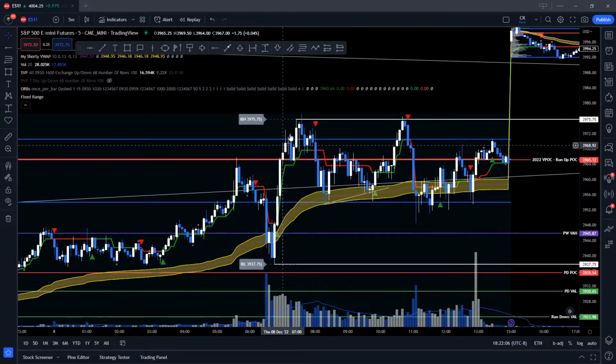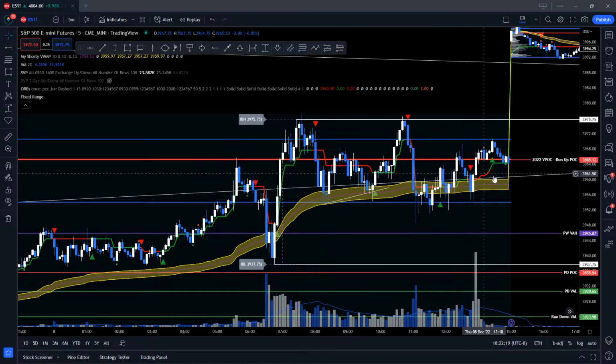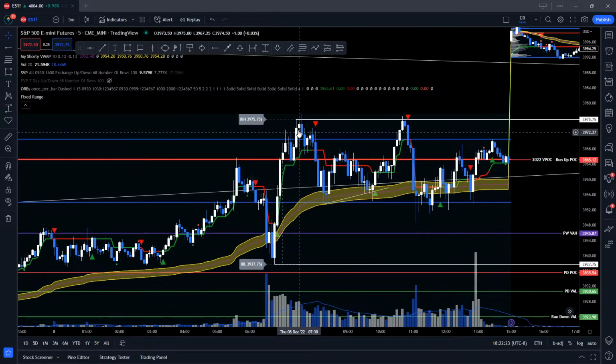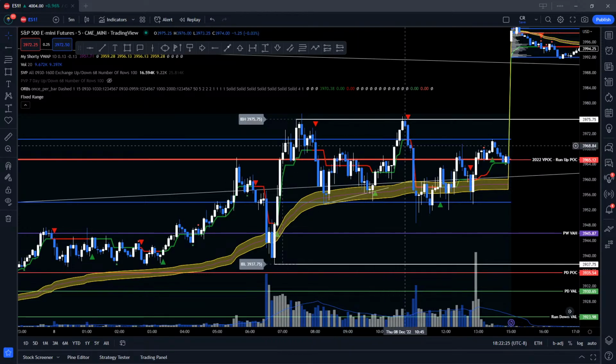At a point, I thought we were going to have a range day. And then we started consolidating, and I was thinking we were going to have an extended day. But it was a pretty funky day. I think after this initial move, the rest of the day was just waiting for the news tomorrow morning before open.